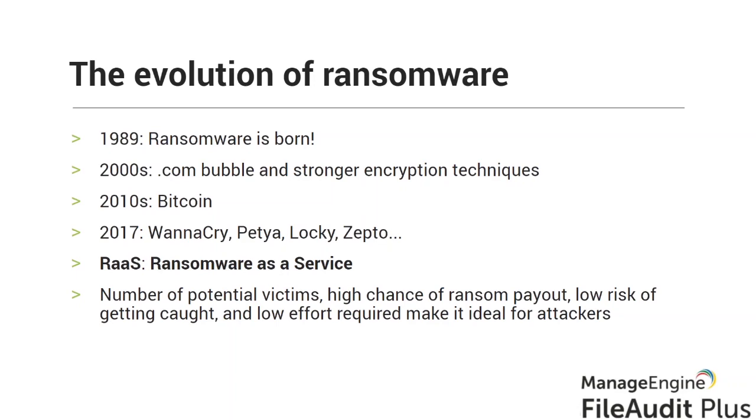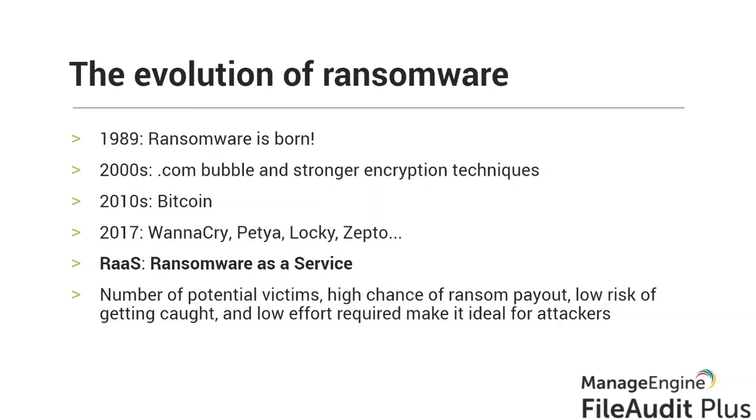Also back then, you have to understand that networks weren't connected the way they are today, right? Today's World Wide Web and today's networking is completely different from how it was 30 years ago in 1989. So ransomware wasn't really able to propagate across the world like it can today, right?